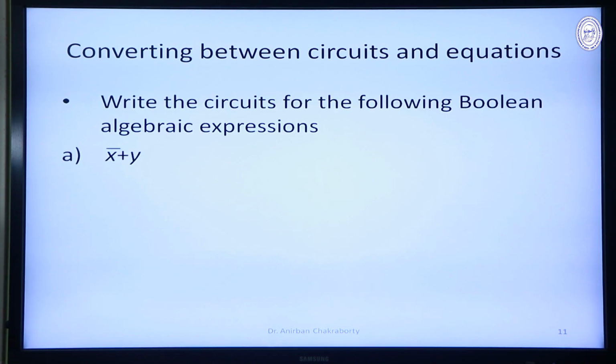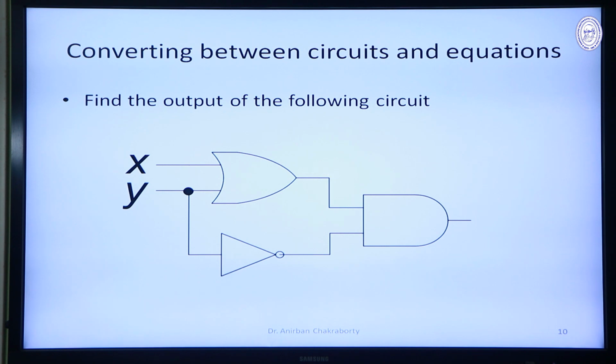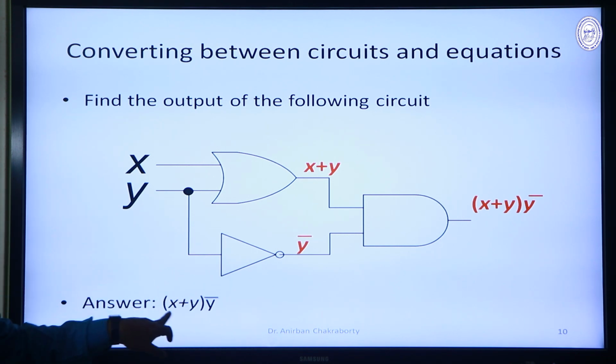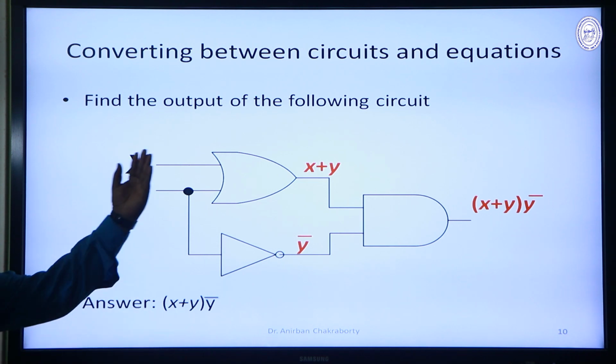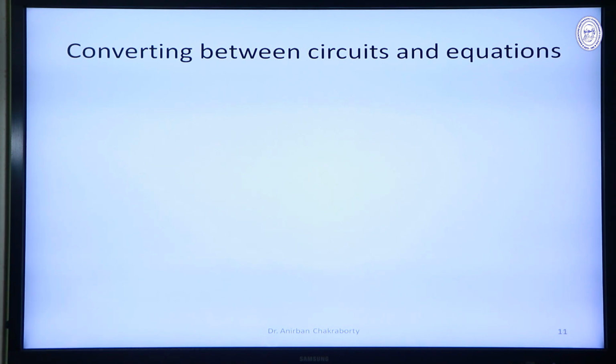Suppose this is an expression, just like the previous. In the previous one, there was a circuit and finally we found what the output would be. Here the output is given, and you have to find the corresponding circuit.